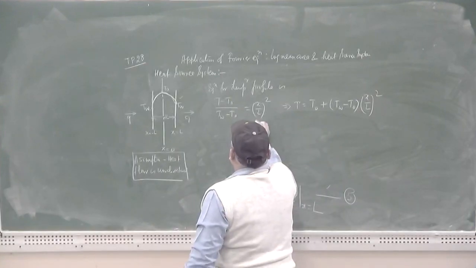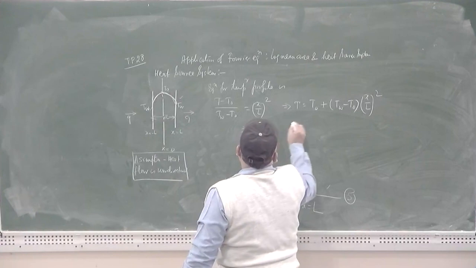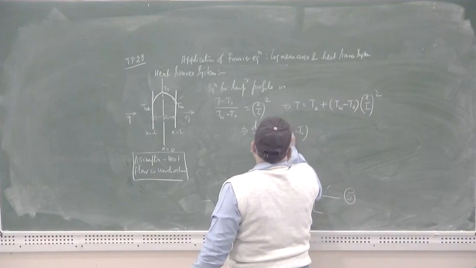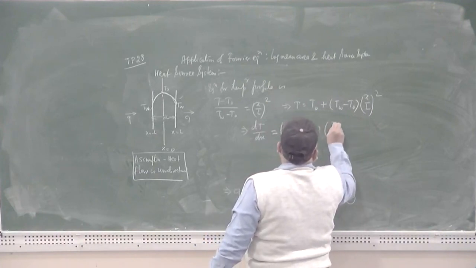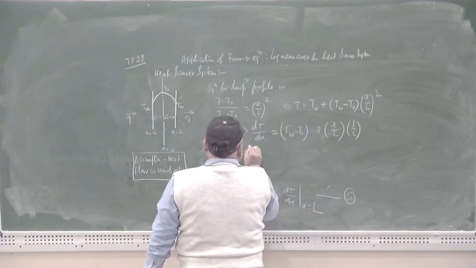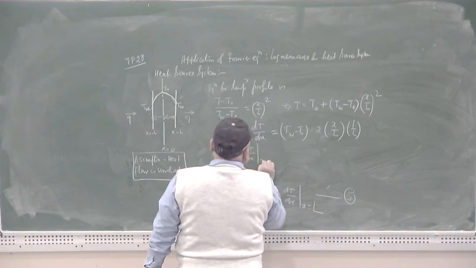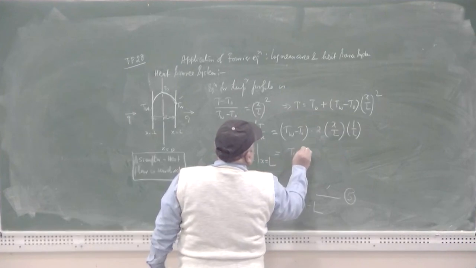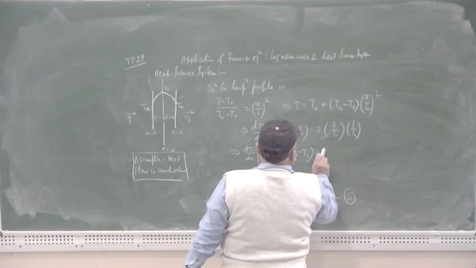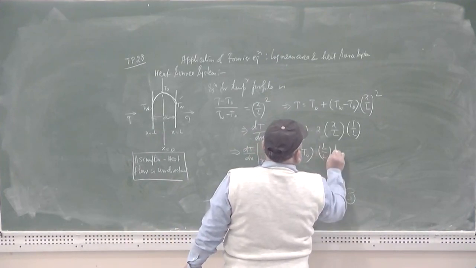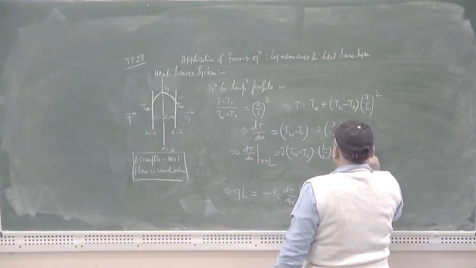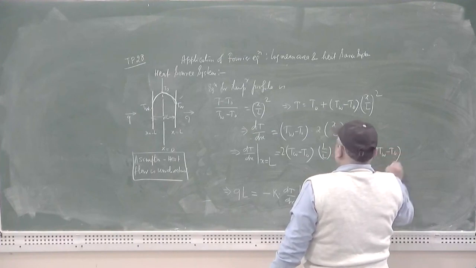So, the value of dT upon dx: T naught is constant, Tw minus T naught is also constant, so it is Tw minus T naught into 2 into x by L into 1 by L. So, the value of dT upon dx at x is equal to L should be equal to Tw minus T naught into 2 into L by L into 1 by L, that is 2 by L Tw minus T naught.